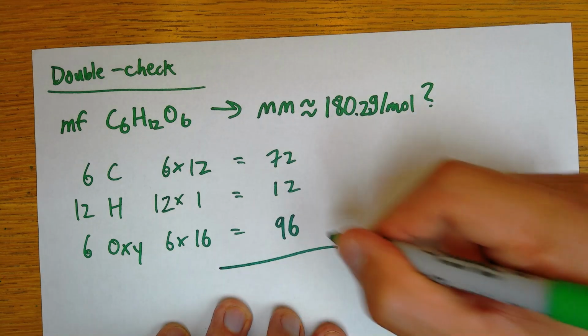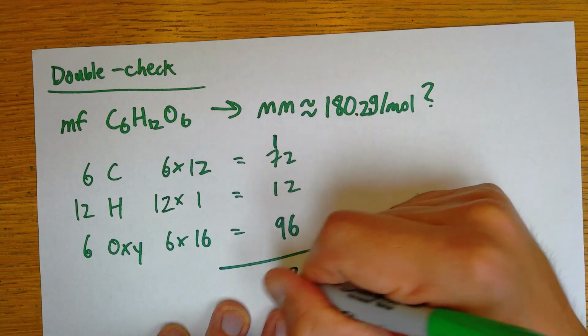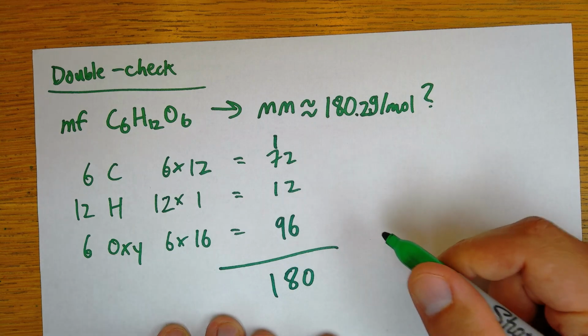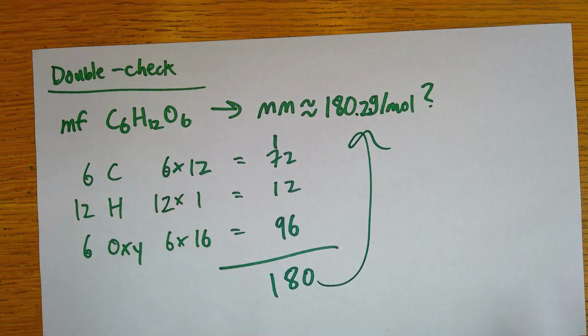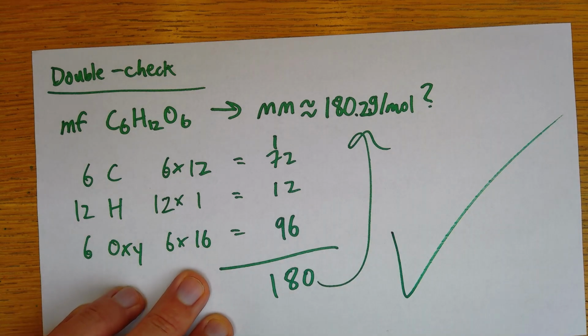All right, and then sum that up. Yeah, we get 180. All right, and so, some people can do this math in their head. I don't. I normally can sometimes, but I'm pretty tired right now. But 180, it's in the ballpark. So I am pleased with this result.